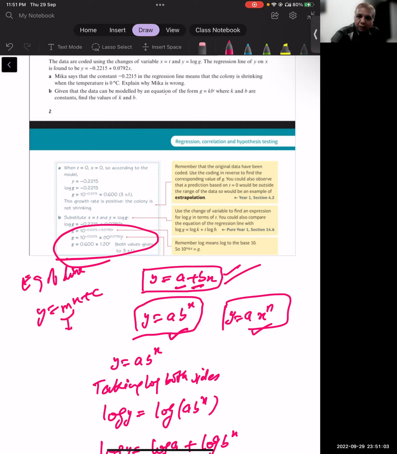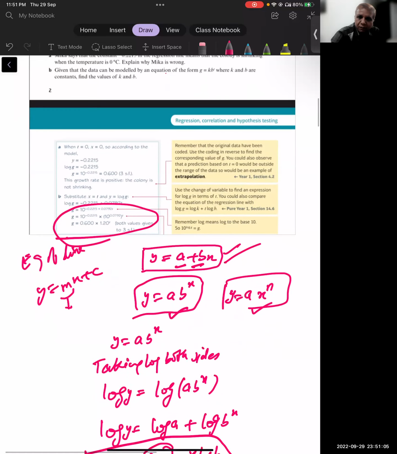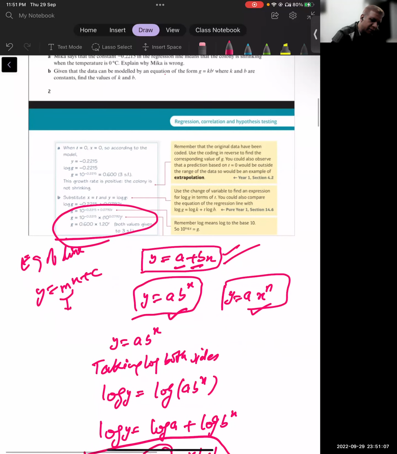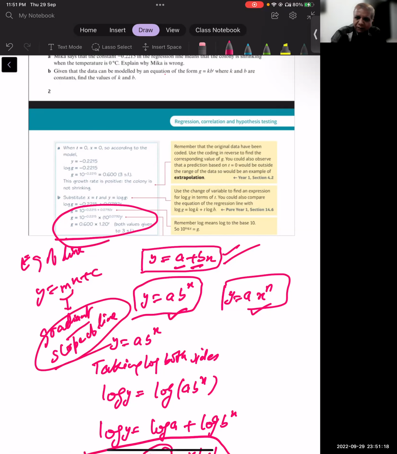The gradient. We also call it a slope. Slope of the line or gradient is the same thing, right? You know what we mean by slope and gradient? So how steep the line is?